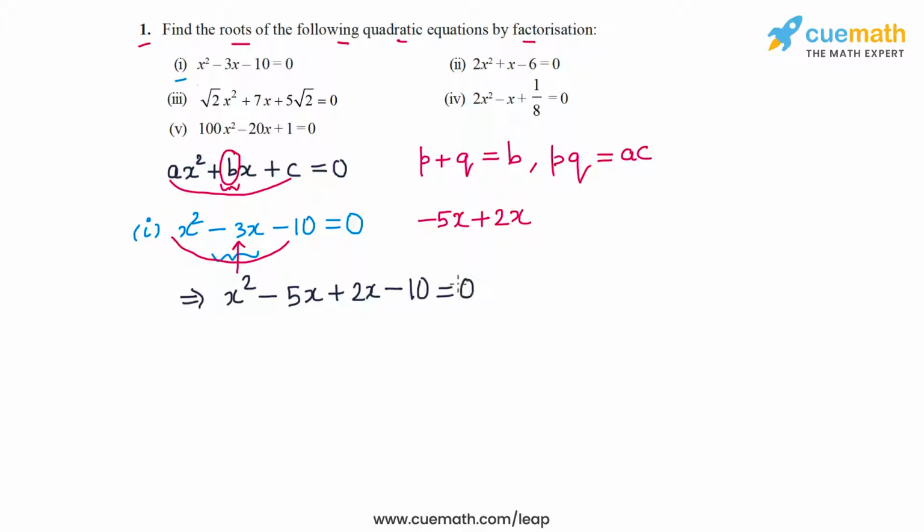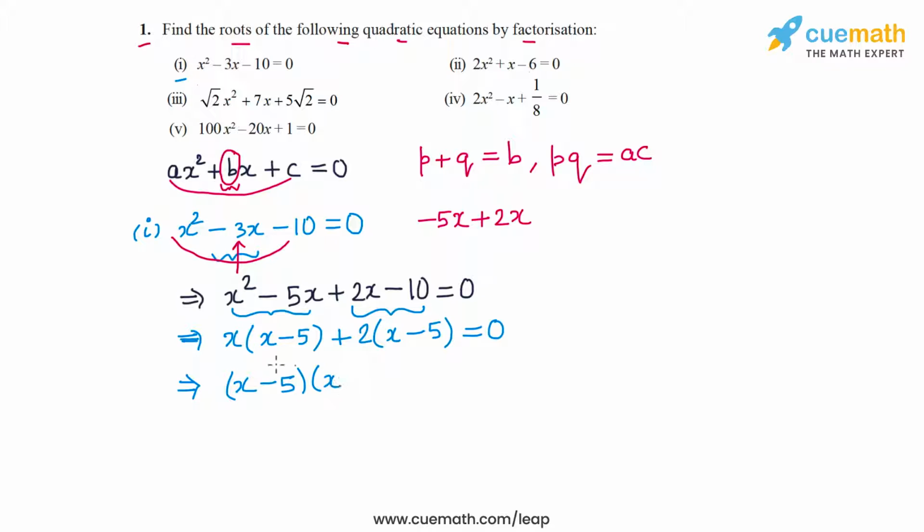And now this equation can be factorized. From the first pair of terms, x square minus 5x, let's take out a common factor of x. So we get x times x minus 5. And from the second pair of terms, let's take out a common factor of 2. So we get 2 times x minus 5 equal to 0. Hence this quadratic equation can be factorized as x minus 5 times x plus 2 is equal to 0.